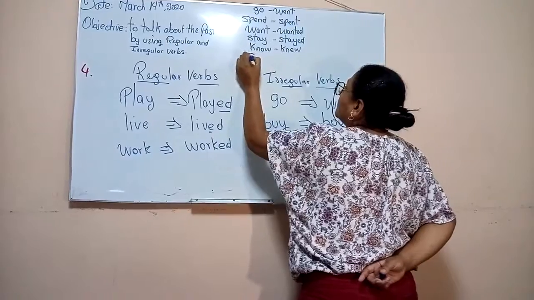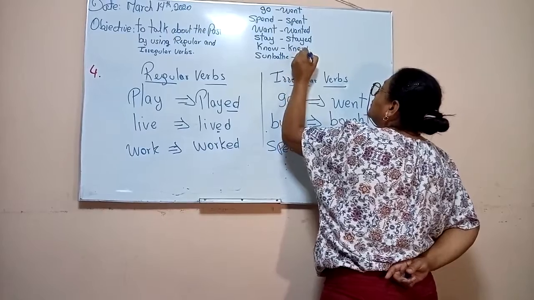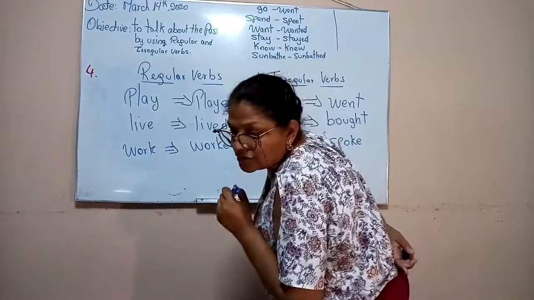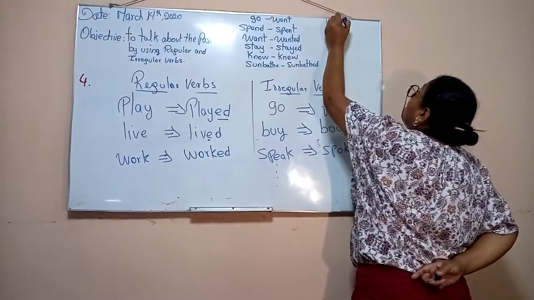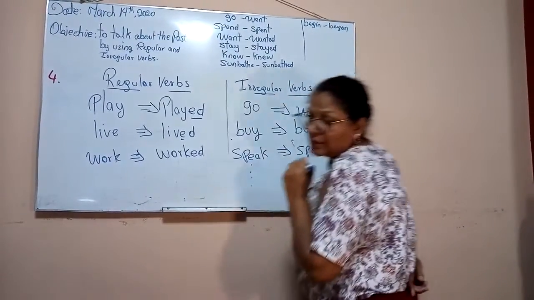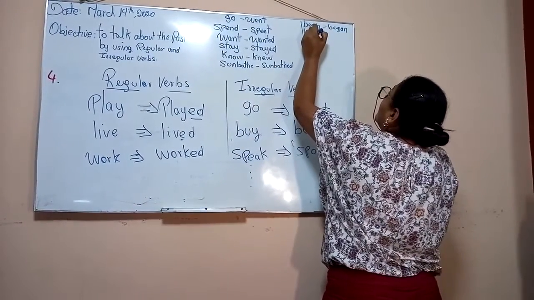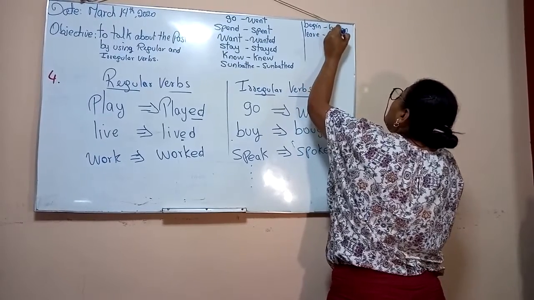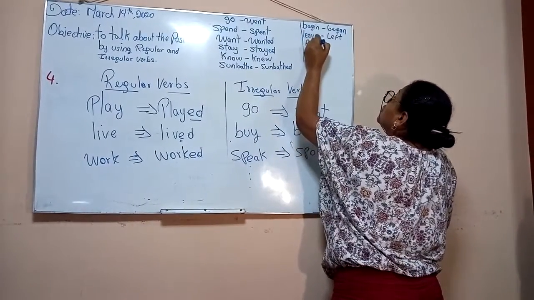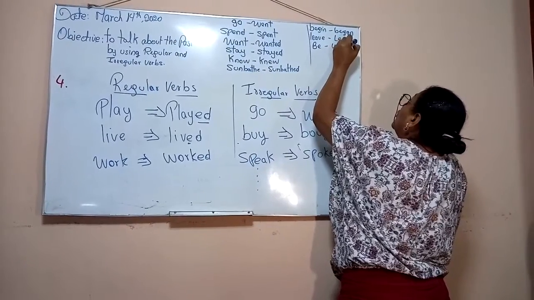Sunbathe, you say sunbathed. It is a regular verb. Continue with begin. Simple past is began. Leave. Leave, simple past is left. Be, we've got two forms in simple past: was or were.